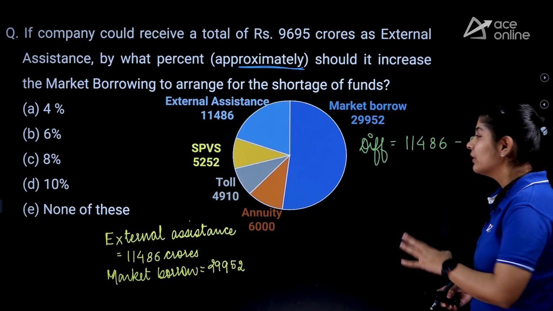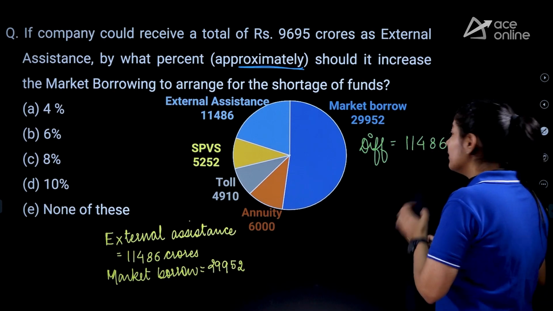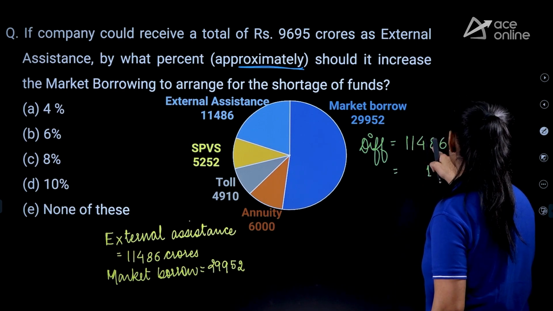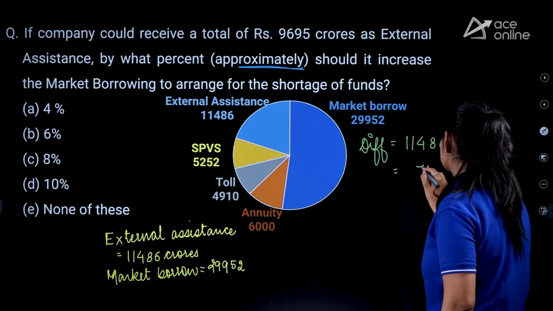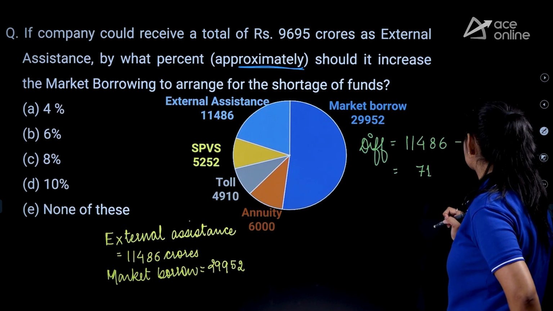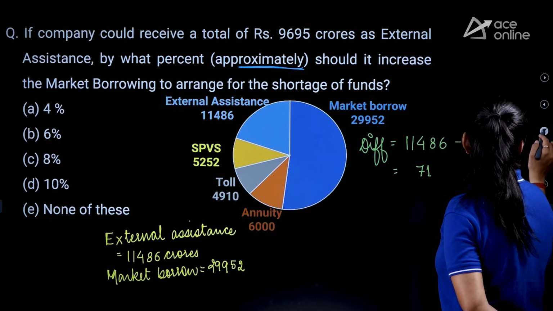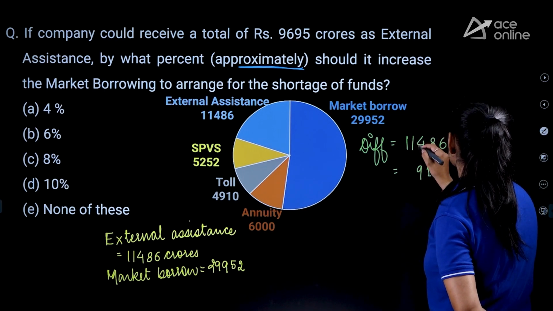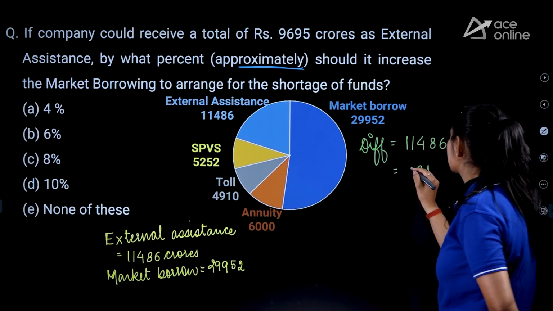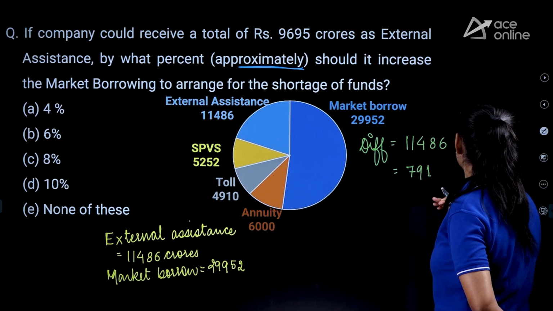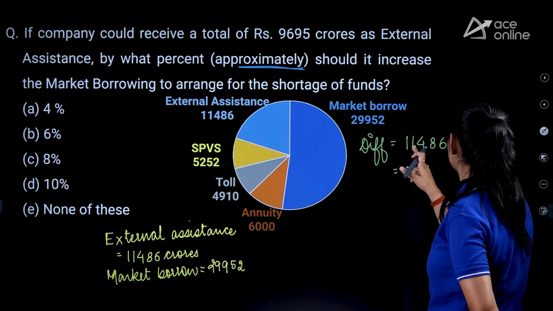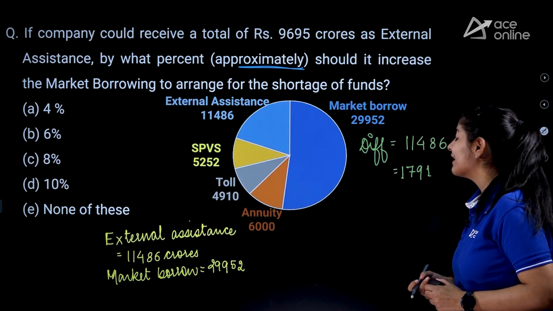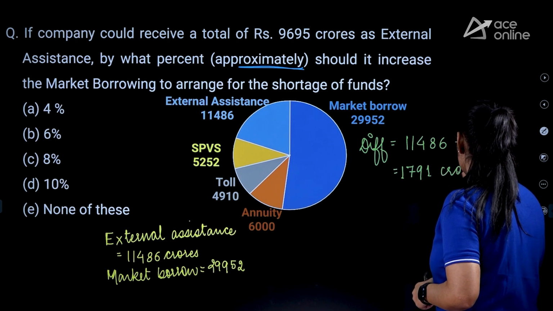The difference between these terms: 18 minus 9, that is 9. Here we have 13, 13 minus 6, that is 7. And here we have 10. So basically, there is a difference of 1,791 crores.